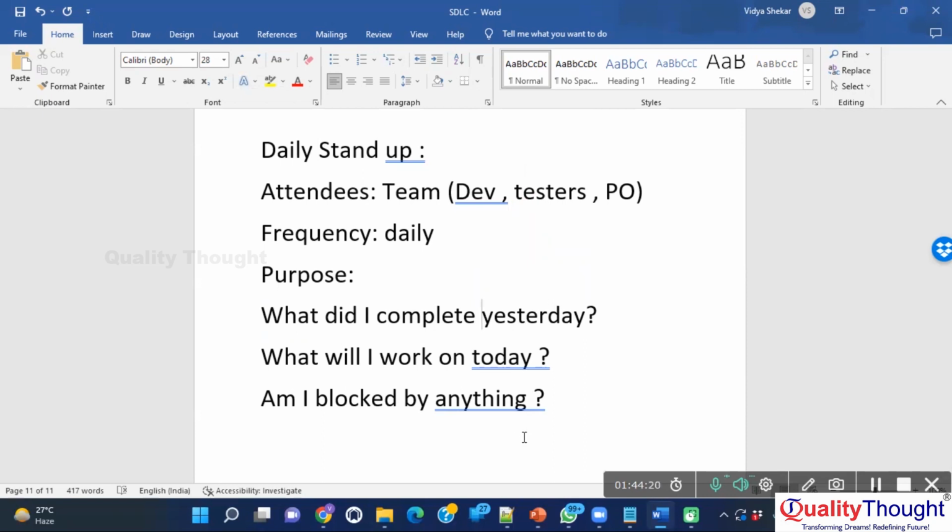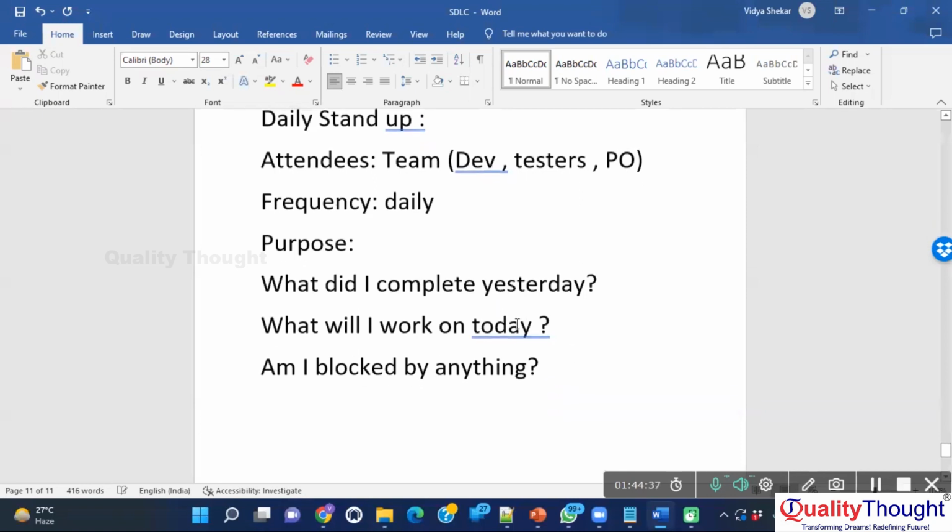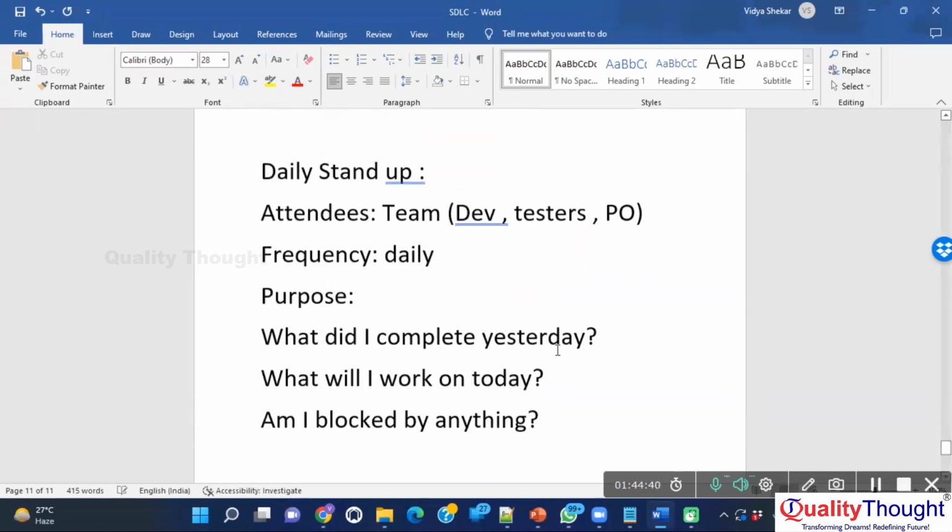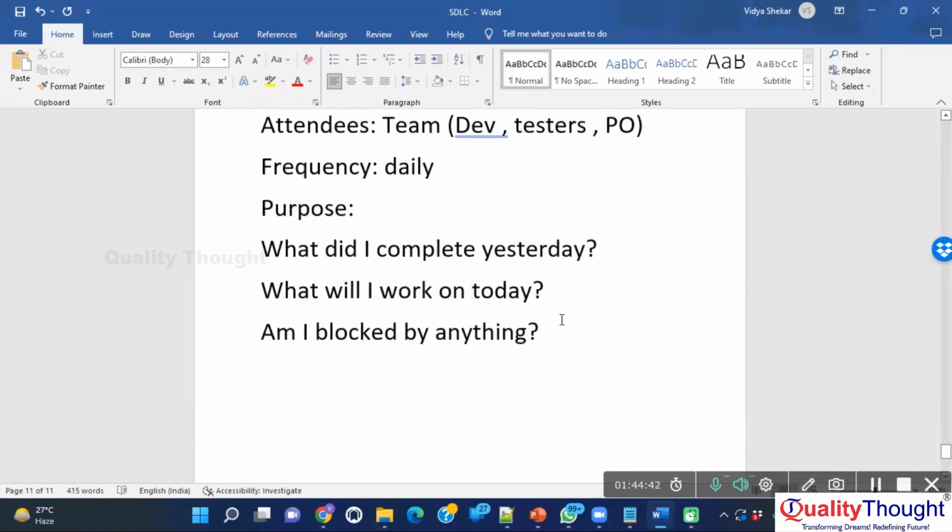Because of these 2 defects, 4 test cases have been blocked. Today I'm going to complete the remaining 10 test cases. This is how you are going to say it in the daily status call. Is it clear?